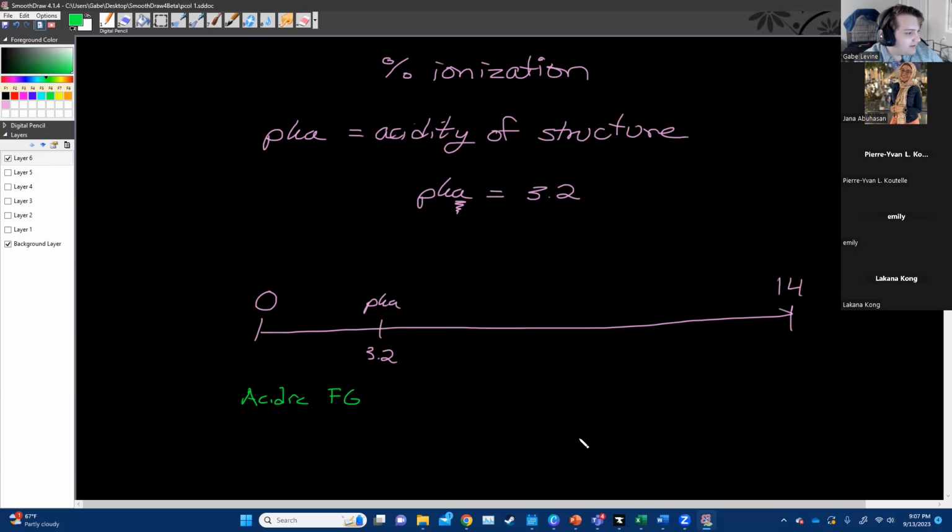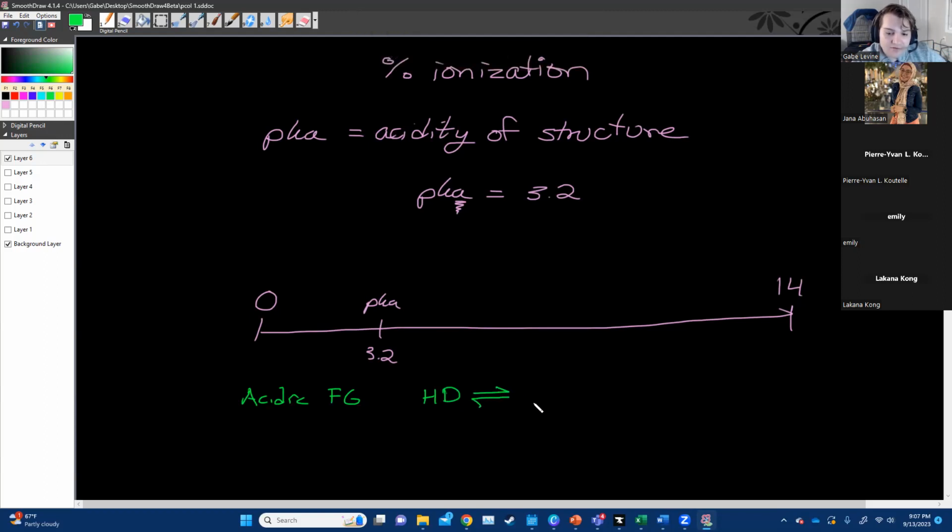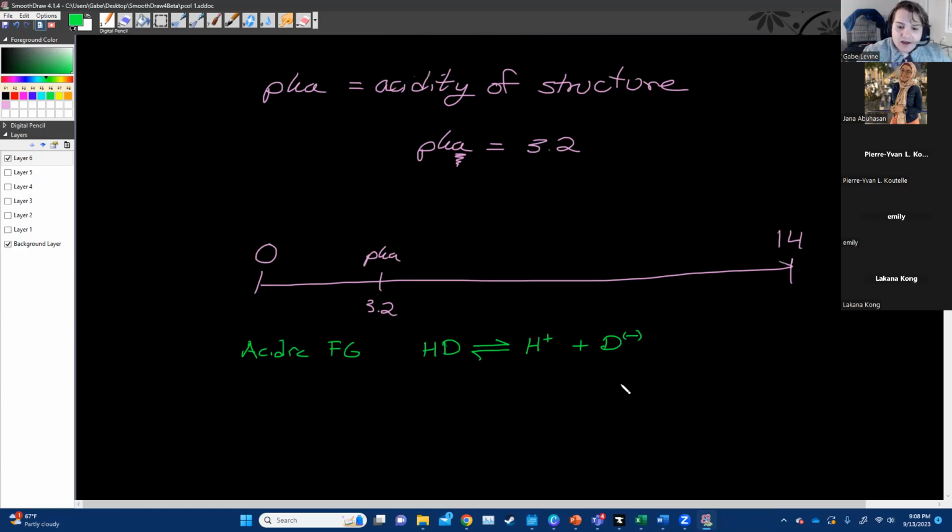So maybe we have a carboxylic acid, and I know that the generic formula of an acid is this guy. Without even knowing the structure of the drug, I can figure out if it's going to be charged or not.